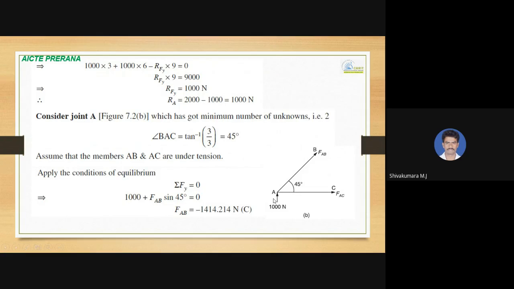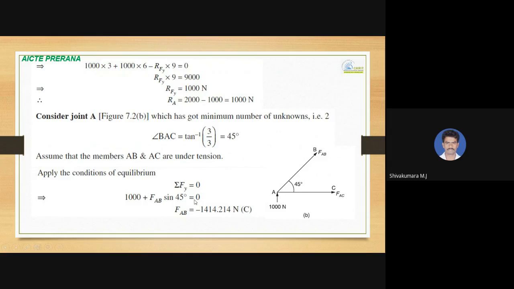So 1000, acting upwards, is positive. FAC is truly acting horizontal, there is no vertical component of this. And for FAB, the vertical component, if you resolve it, is FAB sine 45.